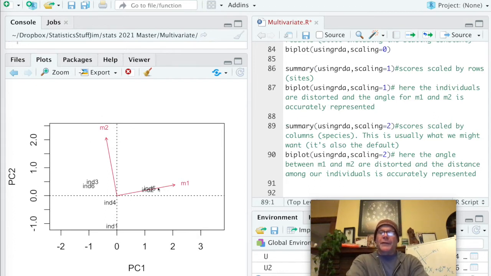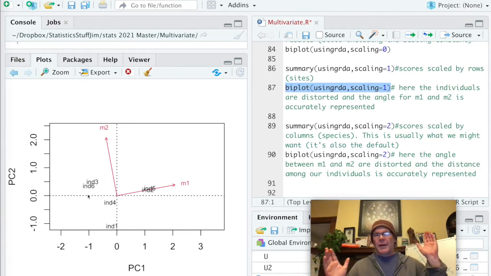So the scaling, the fact that I said scaling 1, what scaling 1 results in is a situation where we can trust these arrows, but the distance between each of these individuals is ever so slightly being distorted, because when you say scaling equals 1, that's usually when you want to interpret your different covariates, your predictors, if you want to think about it that way. Here being measurement 1 and measurement 2.